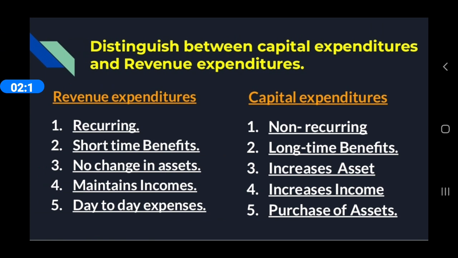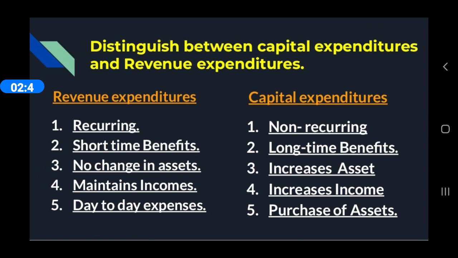Likewise, only revenue receipts are taken to the income side. Capital receipts, such as specific donation for building, and life membership fees, will appear on the liability side.